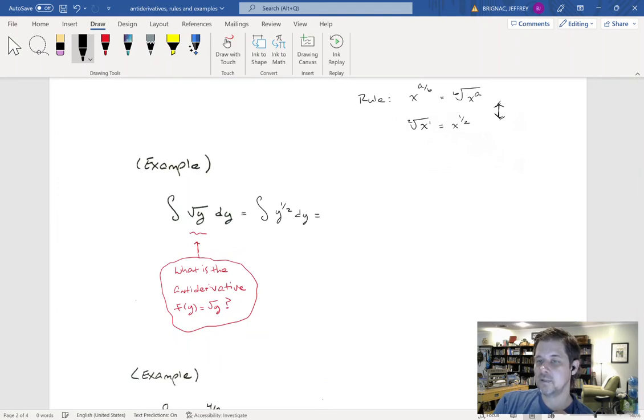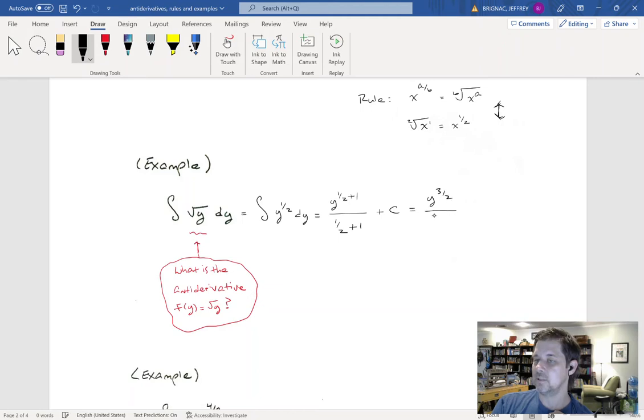So it would be y, and I take that power and I add 1. And then I divide by that same result, and then I add my constant of integration. Okay, all right. Now we'll do some calculations. I would want to say in my answer, what is 1/2 plus 1? And that will be 3 over 2.